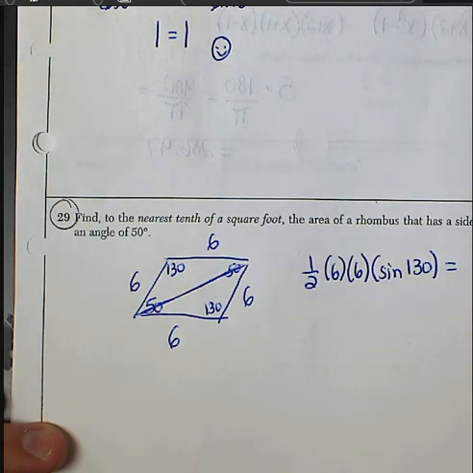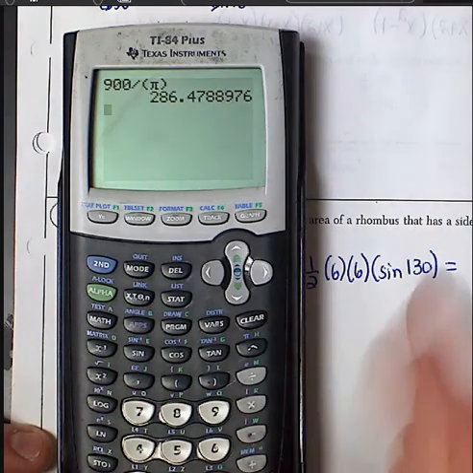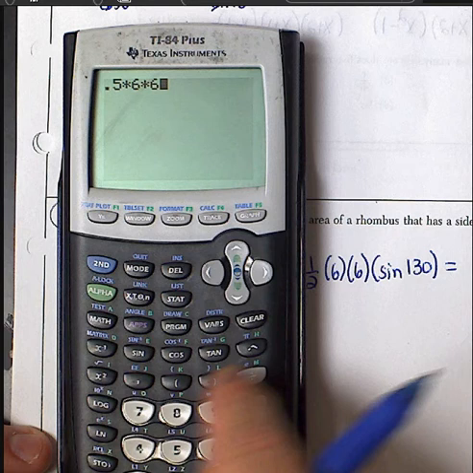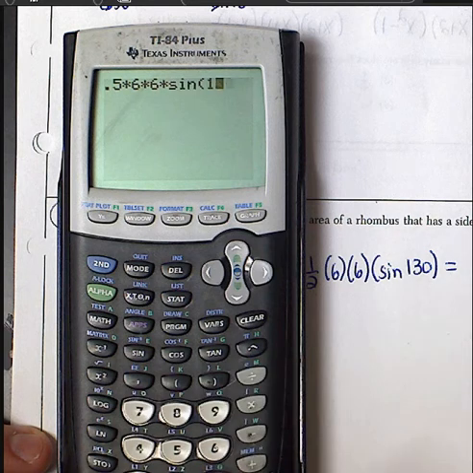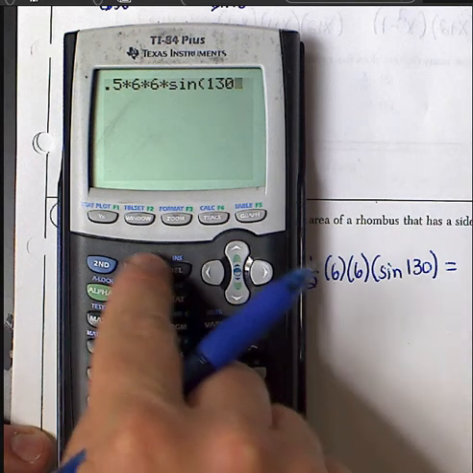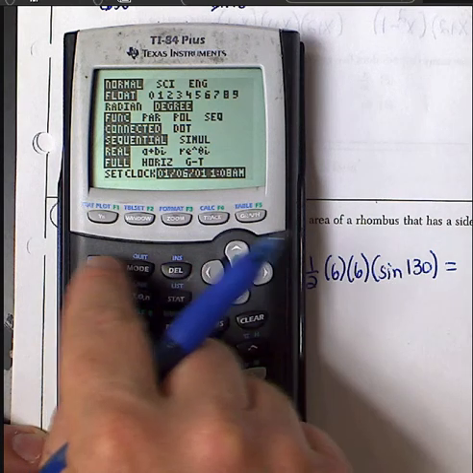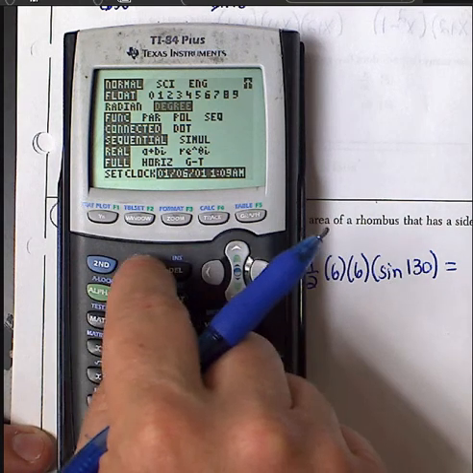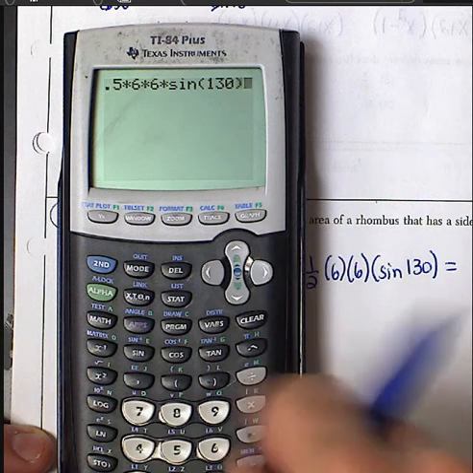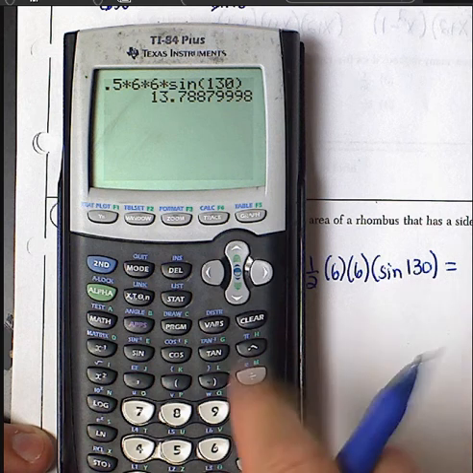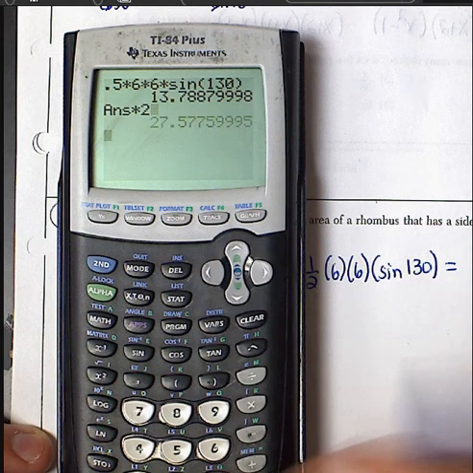I'm going to take my calculator out, and I'm going to go 0.5 times 6 times 6 times sine of 130. Let me just make sure I'm in the right mode. Oh, I'm in radian mode. I need to go to degree. And now I'm all set. Hit enter. I'm going to get about 13.788. I'm going to multiply that by 2 because of the two triangles in there.